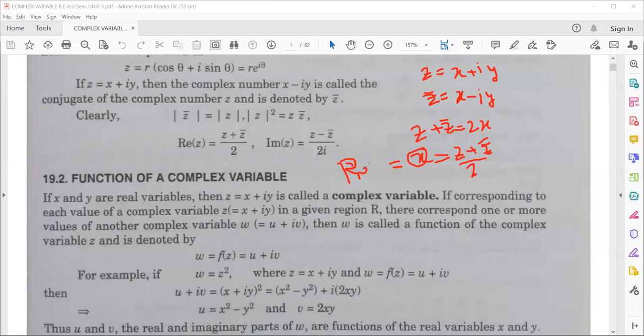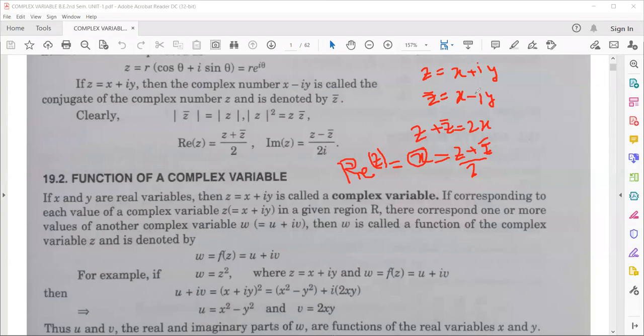That is denoted by Re of Z. So real of Z is equal to the complex number plus its conjugate divided by 2.